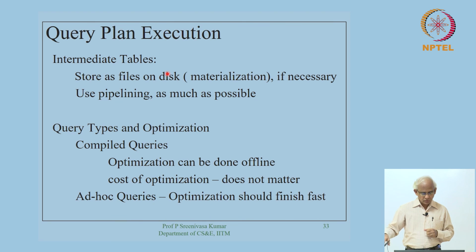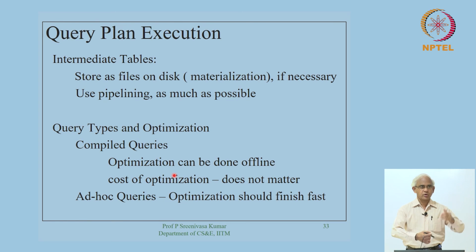Now, there are actually two kinds of queries: the compiled queries and the ad hoc queries. The compiled queries are the ones that sit inside the transactions. The transactions are pieces of work that you want to do in order to carry out certain logical requests against the database.